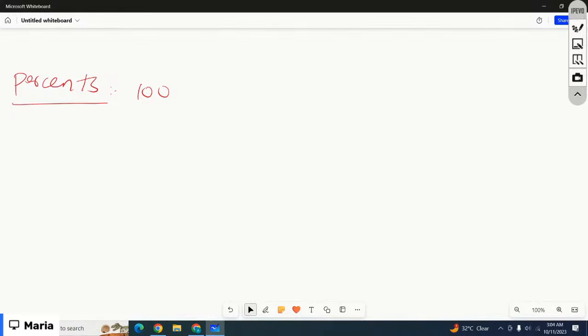So that means the percentage is a relative value indicating hundredth part of a quantity, right?